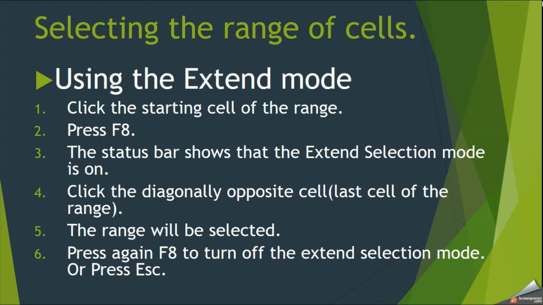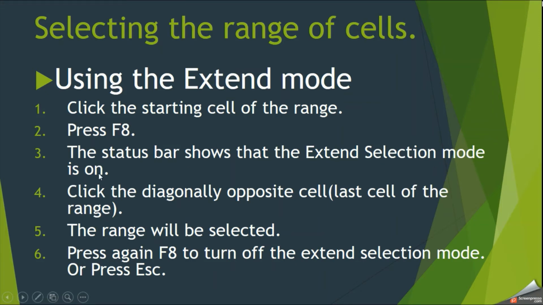You all know where the function keys are? Yes, they are on the top of the keyboard above the number keys. So press the function key F8 directly, and then in the status bar it shows that extend selection mode is on.